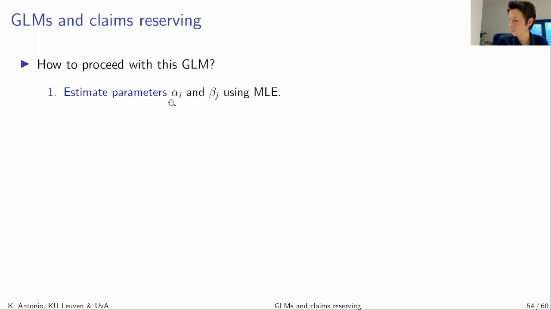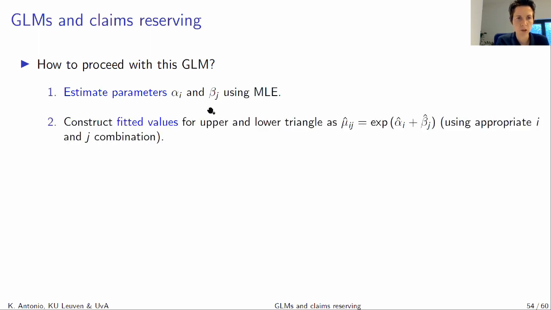We're going to estimate the parameters alpha i and beta j using maximum likelihood estimation. We can do that. We can do a quasi-Poisson in R. We can specify the accident year and the development year as factor variables. We can do the estimations.